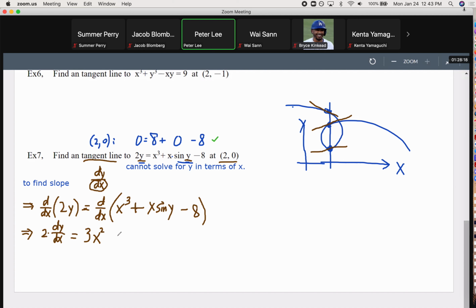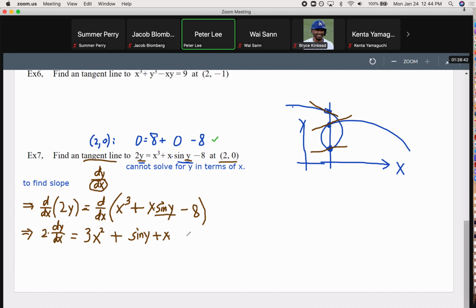Okay. The plus, now we have x sine y. You have to take the derivative with respect to x. So now we have to apply the product rule, because it's x times sine y. So this is f prime g, where f prime g will be sine y. f prime g plus f g prime. Now we have to take the derivative of sine y with respect to x.